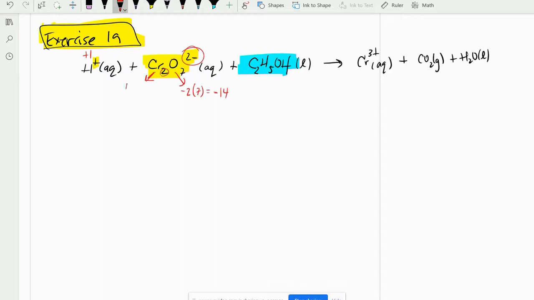That's right, it has to be +6. And since there are 2 of them, that would give us a +12. And +12 - 14 is a -2. Okay, all right. So up above the element, I'm going to write the oxidation state of each thing, so that way we can kind of separate that from our thinking down below.